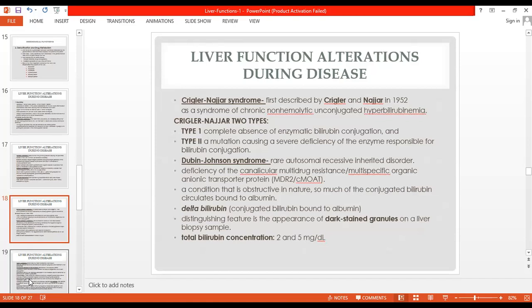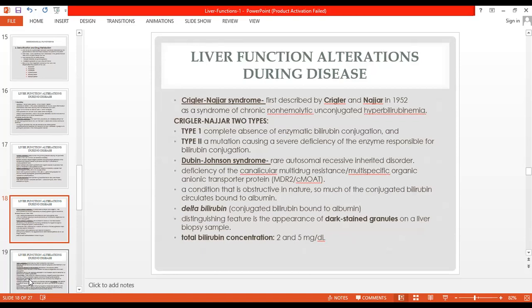Crigler-Najjar syndrome may be divided into two types. We have type 1, where there is a complete absence of enzymatic bilirubin conjugation, whereas in type 2 there is a mutation causing a severe deficiency of the enzyme responsible for bilirubin conjugation. Unlike Gilbert syndrome, Crigler-Najjar syndrome is rare and is a more serious disorder that may result in death.